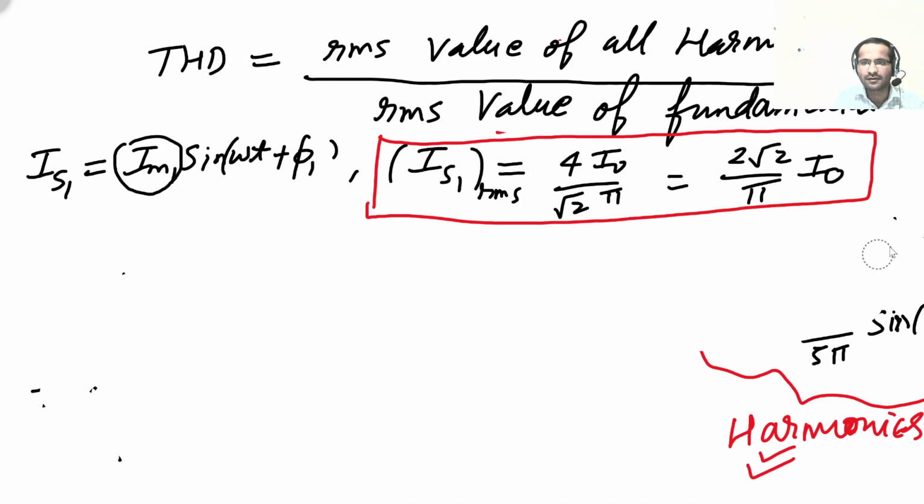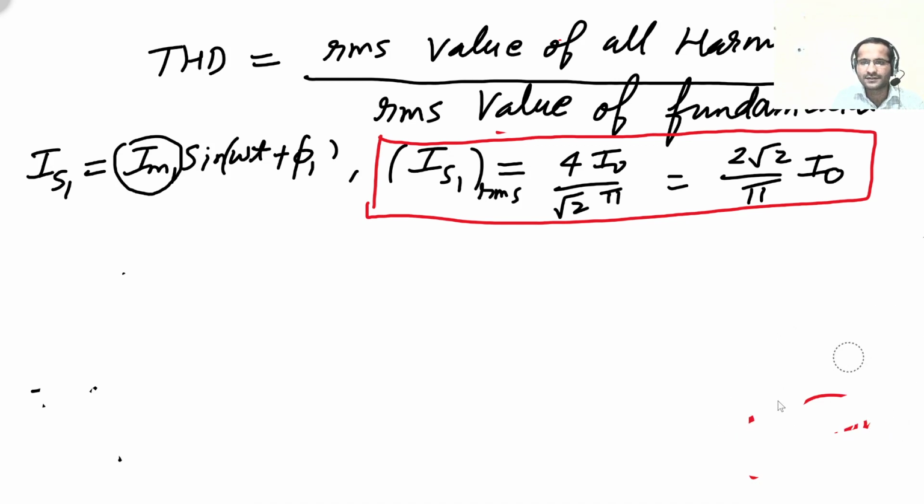Now if you apply this formula, you get the actual value of THD as a number, for the single phase full bridge rectifier, for which we need the numerator and denominator values. The numerator we calculated here: the RMS value of the fundamental, the 50 Hz component.